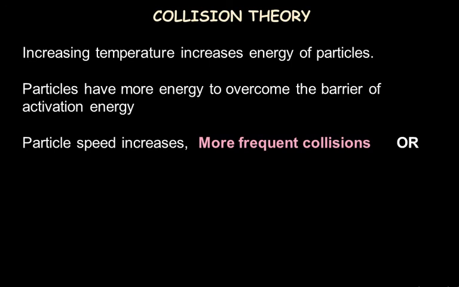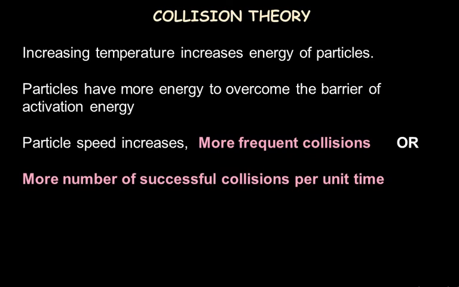The reactant particles have gained energy, so the speed of their movement is going to increase. This will end up in more frequent collisions among the reactant particles, and more successful collisions per unit time. Now what do we mean by successful collisions?